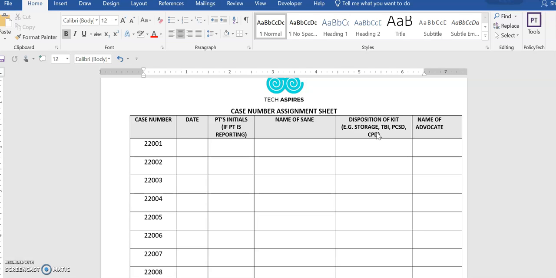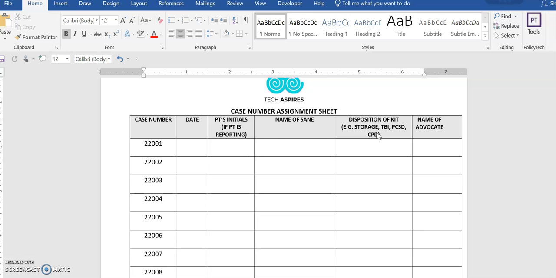Let's say you don't get any swabs other than the control buccal swab. If that's the only swab you get, you're not going to send that to TBI just to run that person's own DNA.